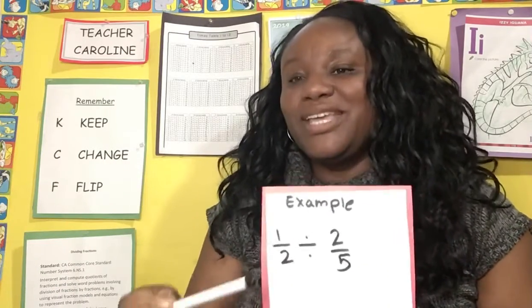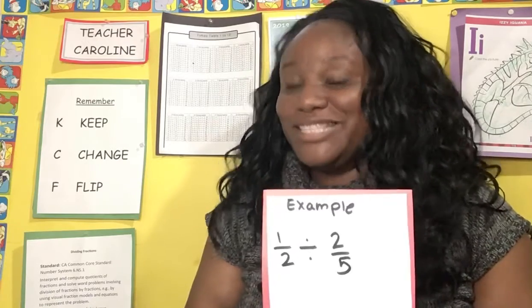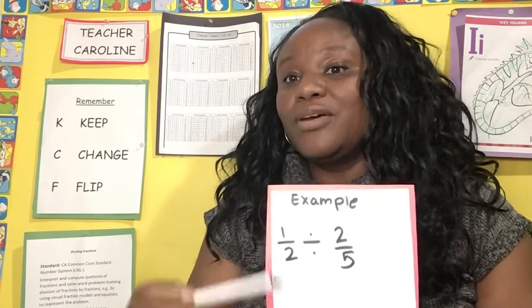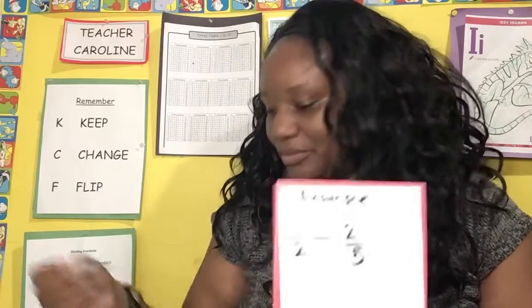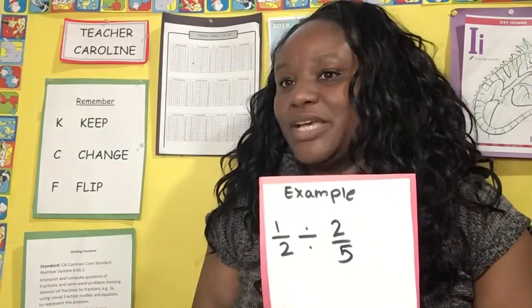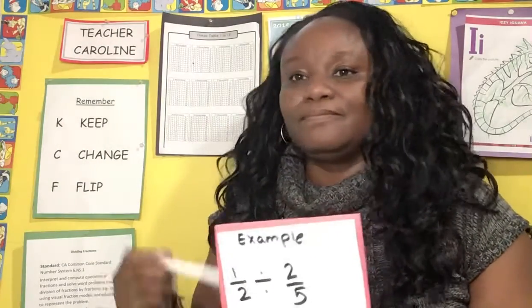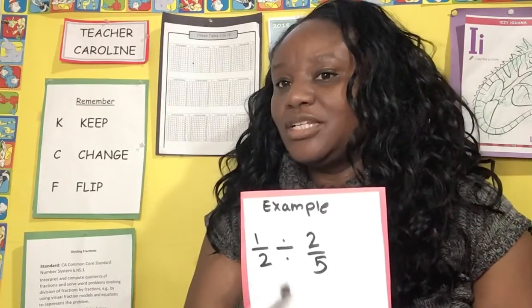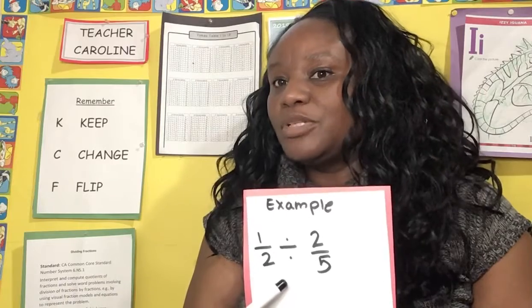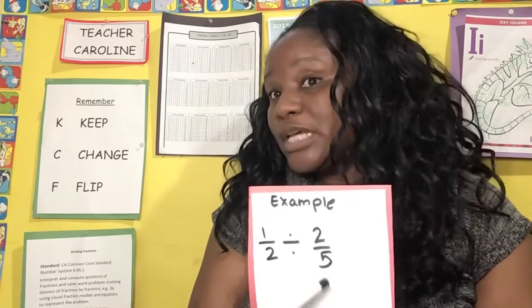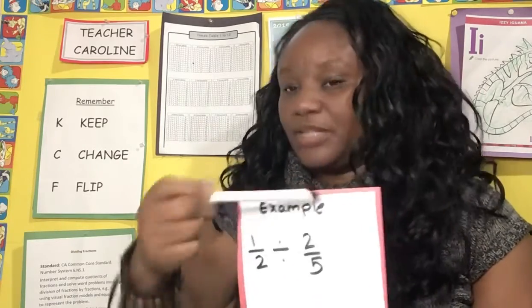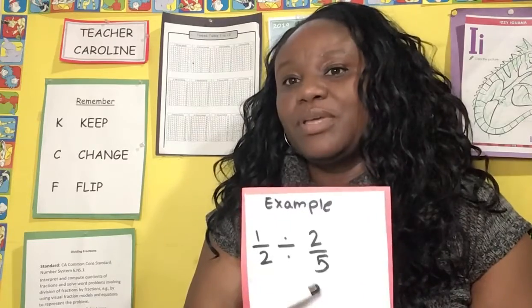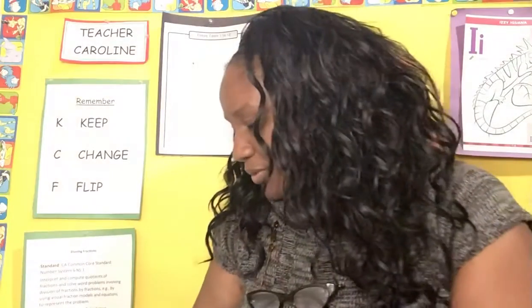I'm going to keep this first fraction the same, 1/2 as 1/2. What am I going to do next? Change. Change the division to multiplication. Next, I'm going to flip this, keep, change, flip, and make this 5/2.